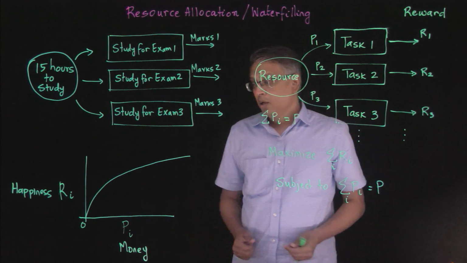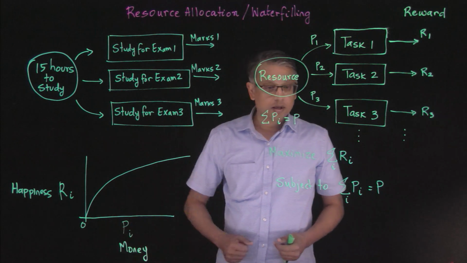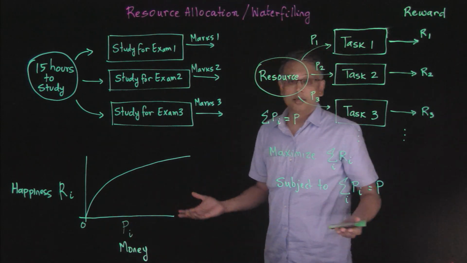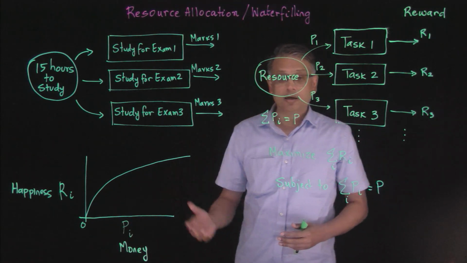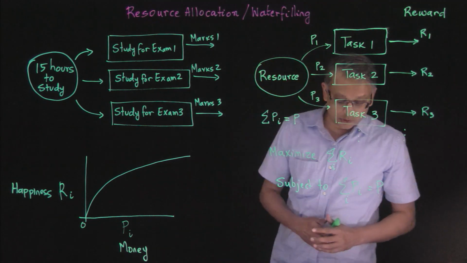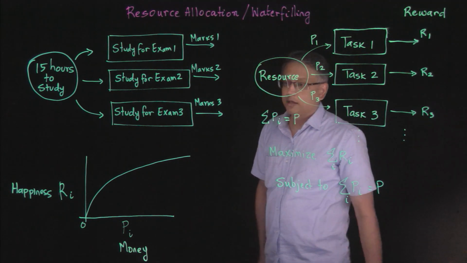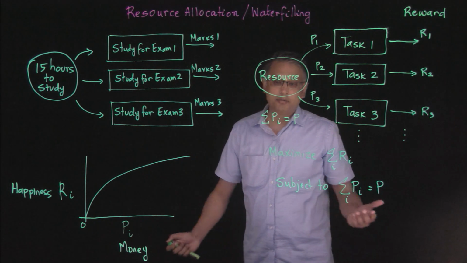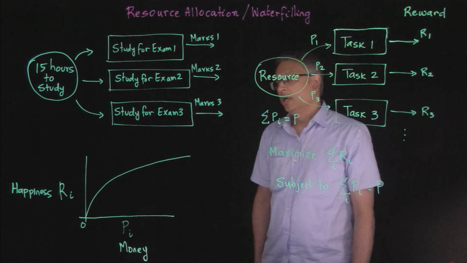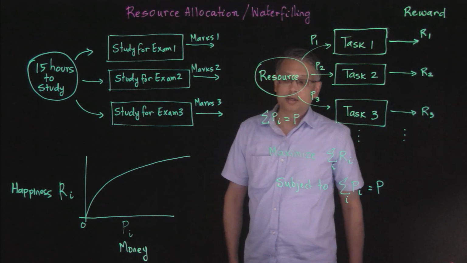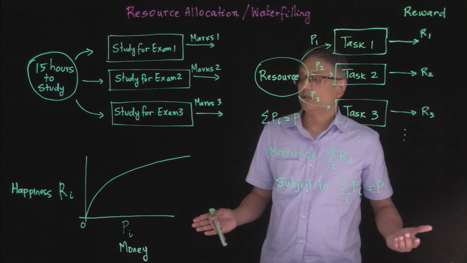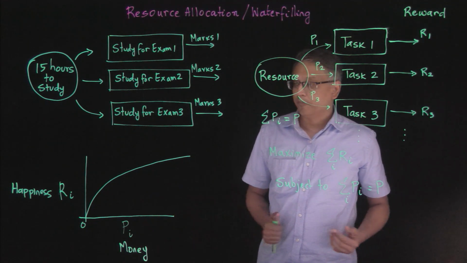The same thing applies when you spend money for eating, right? There's a big difference between being hungry and getting a little amount of food, but the extra happiness that you get from eating at better and better restaurants or more and more food is definitely diminishing once you have a little bit of food.